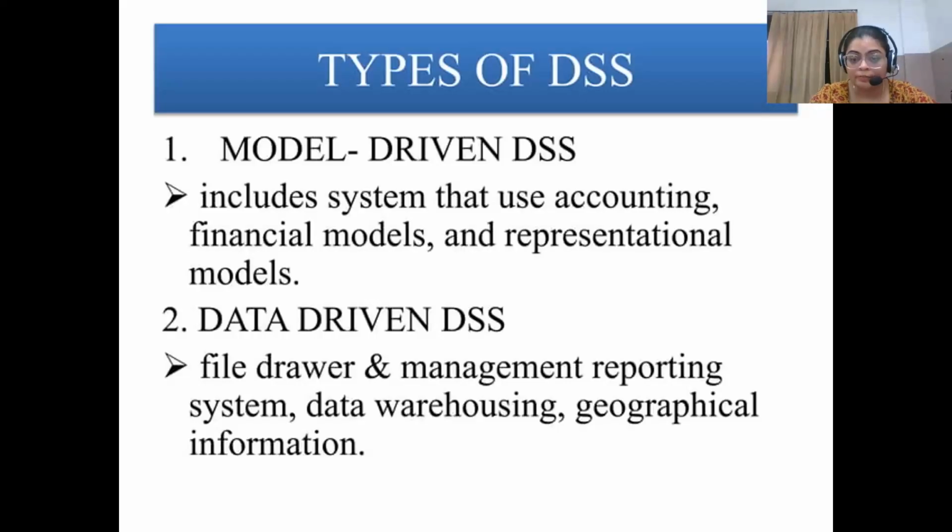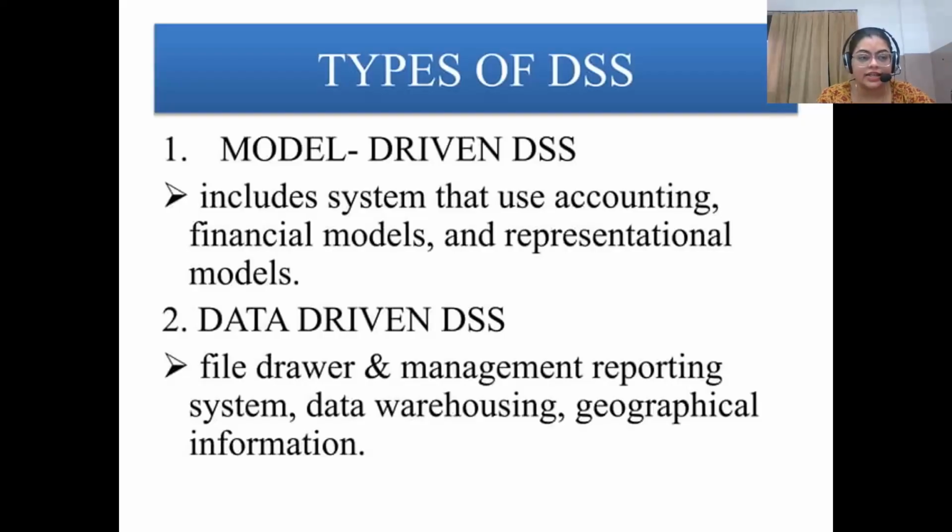For example, a model-driven DSS may assist with scheduling and developing financial statements. So basically, this system uses accounting, financial models and representation models, and helps in scheduling and developing the financial statements.